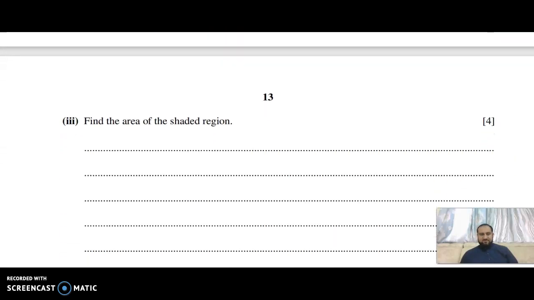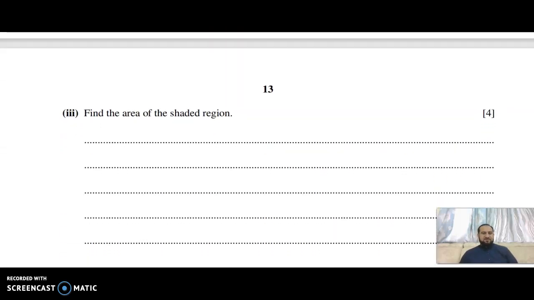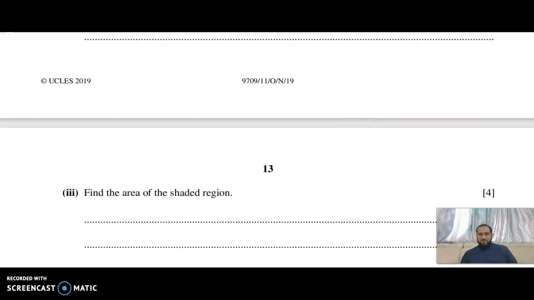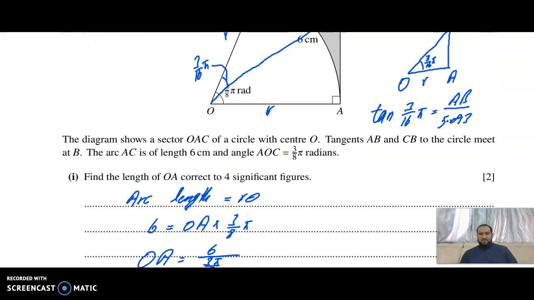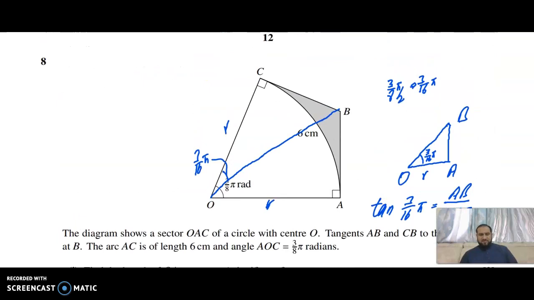Now in the next part, it says find the area of the shaded region. So same thing, we need to know the area of the shaded region. In order to find it, as you can see here, we have already created two triangles. We know their height and base, and area is base times height divided by 2, because these are right angle triangles.